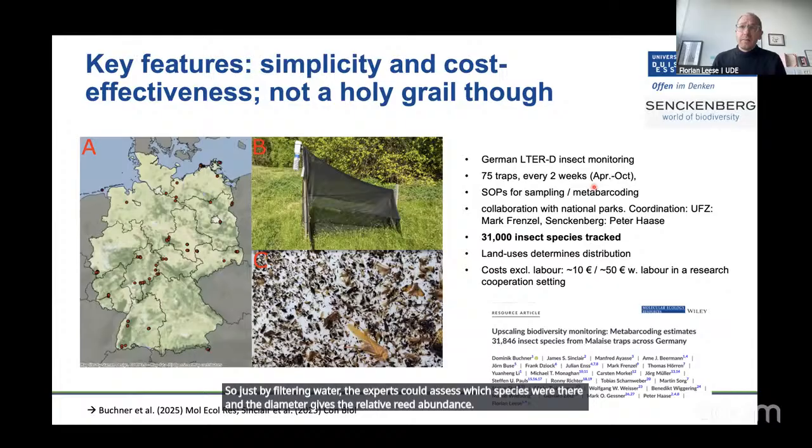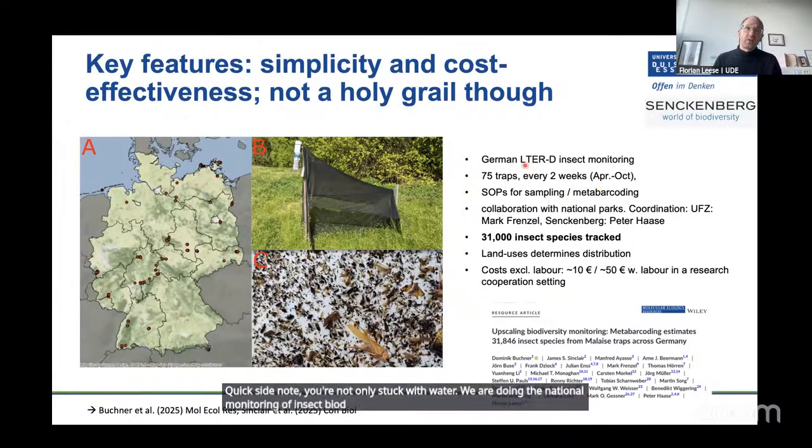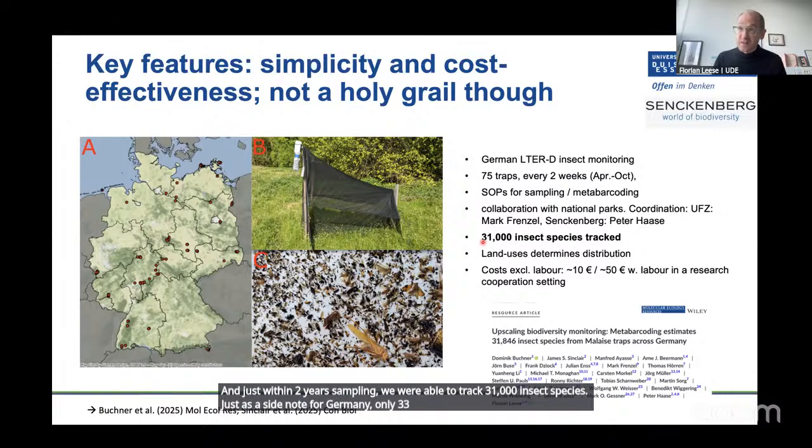Quick side note, you're not only stuck with water. We are doing the National Monitoring of Insect Biodiversity as part of the Long-Term Ecosystem Research Germany program. And we have 75 traps all across the country. And just within 2 years sampling, we were able to track 31,000 insect species. Just as a side note, for Germany, only 33,000 insects are described.